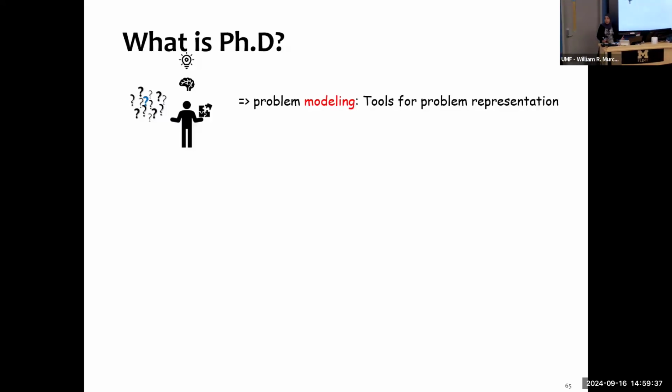And once you have a problem, what are you going to be modeling? That problem. So if you get to this point, then you are going to get your PhD. The problem of modeling here needs special tools to be solved, or to be represented first.